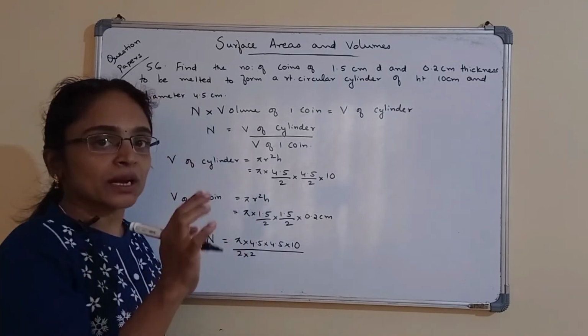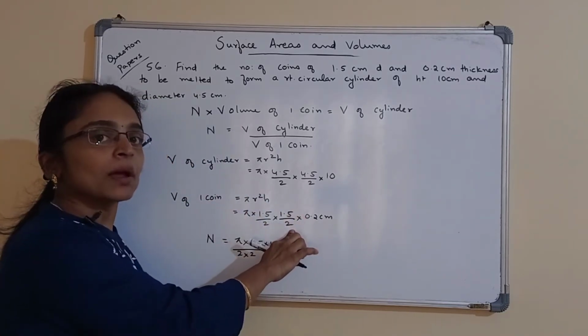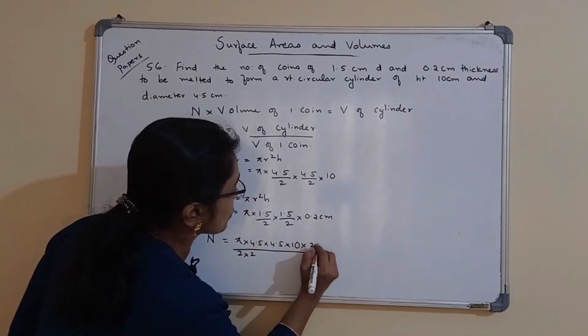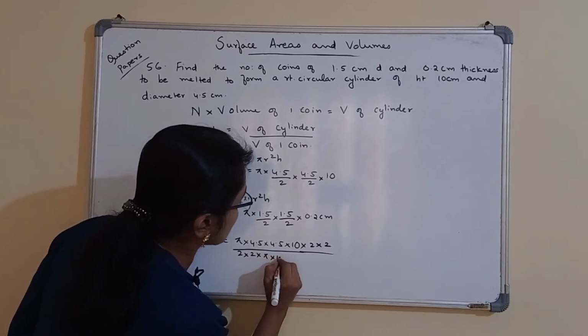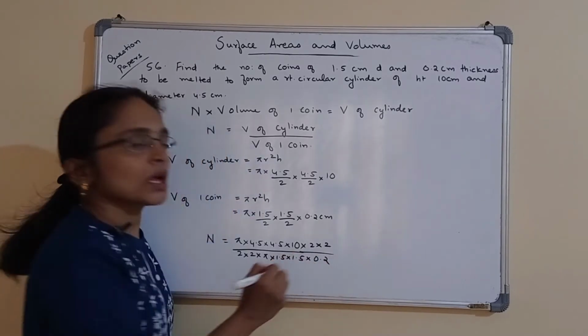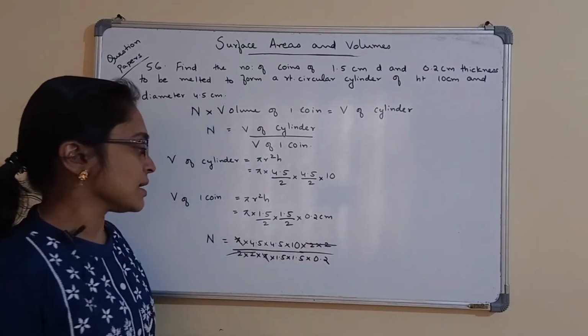All the numerator parts will come in the denominator and the denominator numbers will come in the numerator. So we have into 2 into 2 and into pi into 1.5 into 1.5 into 0.2. So this 2 and 2 will get cancelled. Pi and pi will get cancelled.